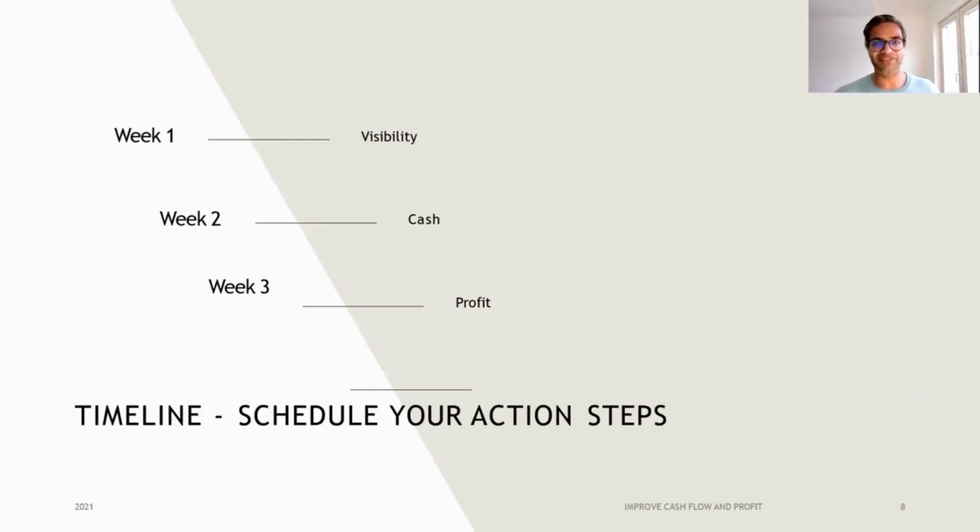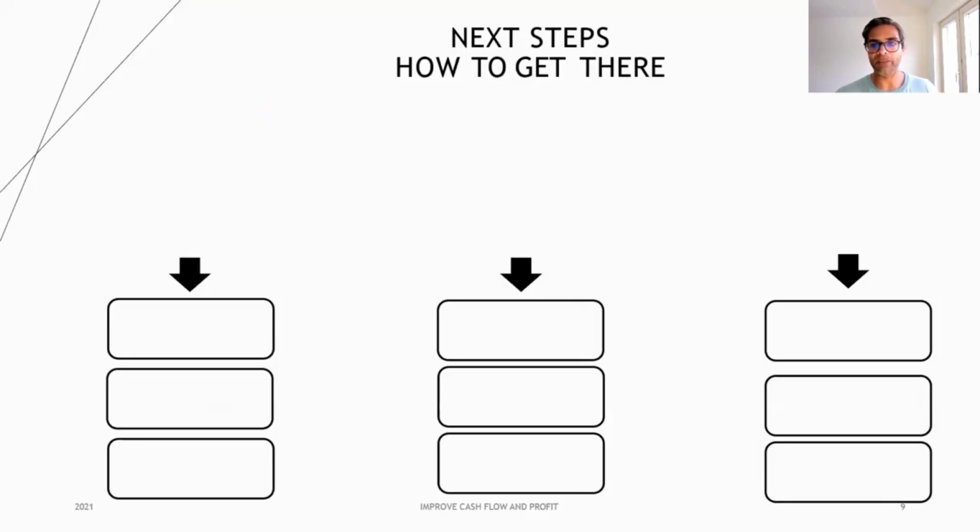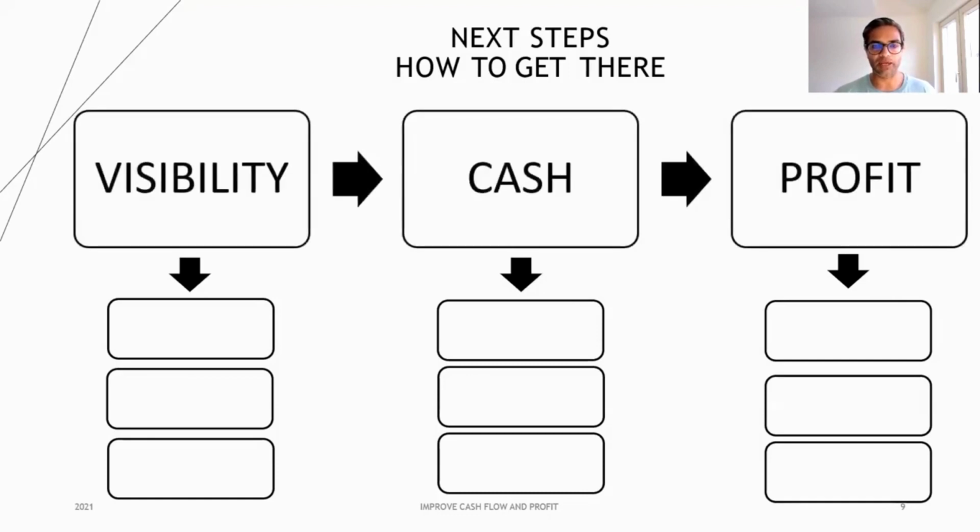Everyone done with that? Fantastic, guys. Doing great. Okay. So now here's some next steps, just to recap, right? So we figured out a plan to improve the cash flow and profit of our business. We're going to do that by increasing the visibility. And we're going to really work on our cash situation in our business, and we're going to work on our profit situation. Okay. So you've all written your steps down.